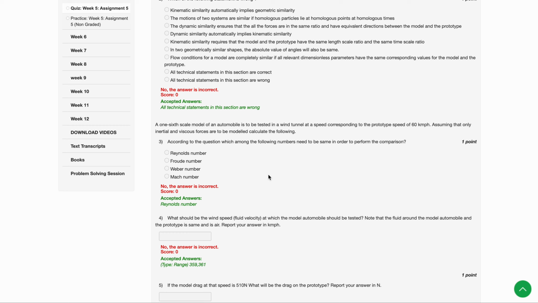So in terms of the dynamic similarity, we are only concerned about the inertial force and the viscous force. So let's say the velocity here is, let's say, Vp. Okay. So this is the prototype velocity.